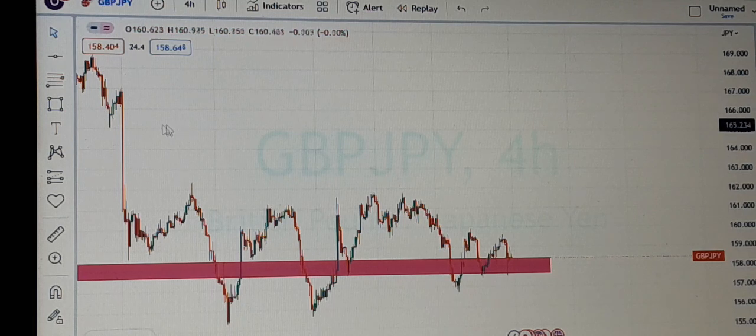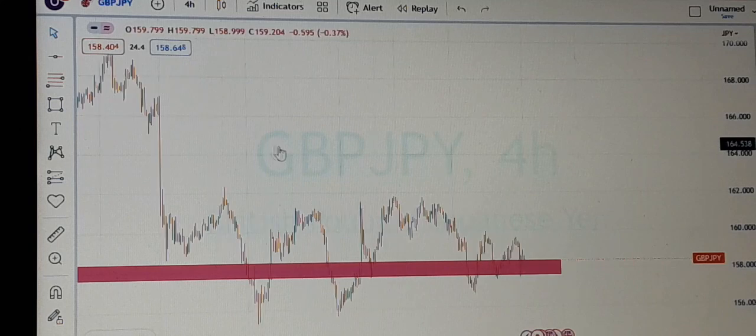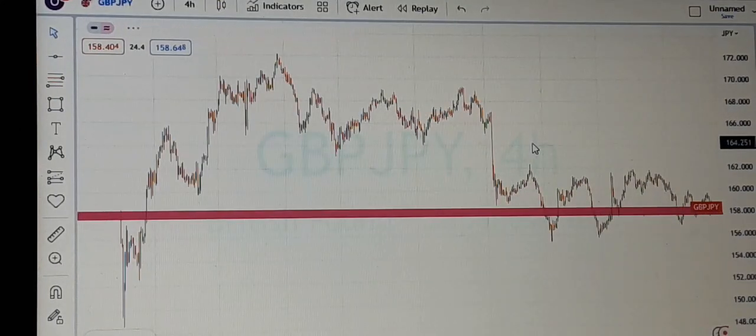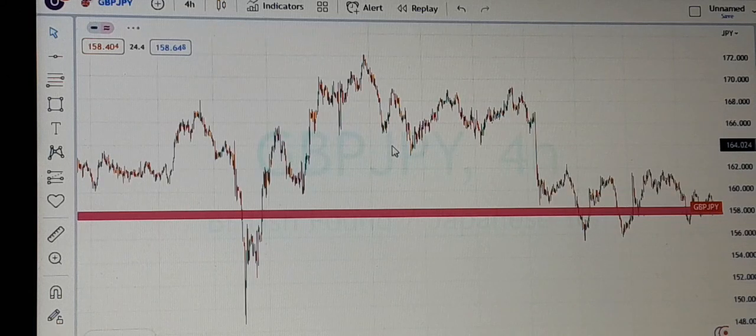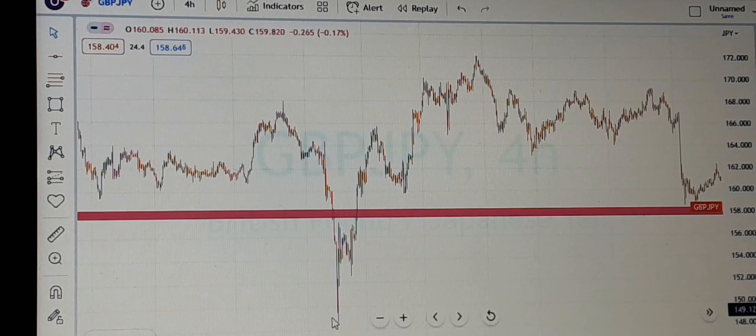So let me draw another zone using the same trick that I've just shown you, but I will go in the past data.